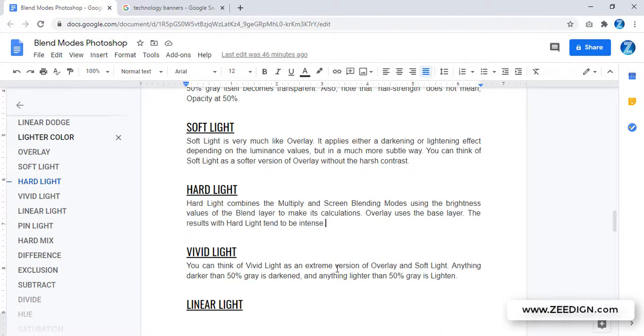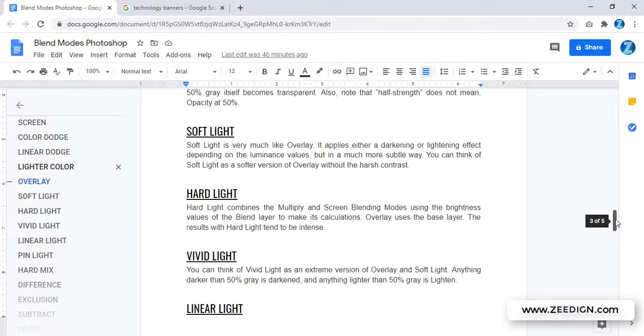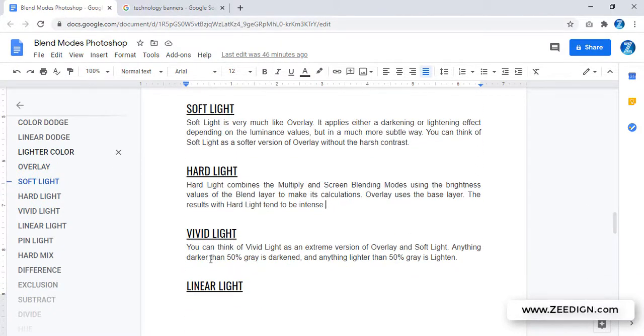Moving on to the next one, vivid light. You can think of vivid light as an extreme version of overlay and soft light. So it is some sort of extreme version of the first two blend modes of this category, overlay and soft light. So anything darker than 50% gray is darkened, and anything lighter than 50% gray is lightened. So it's like some sort of criteria.